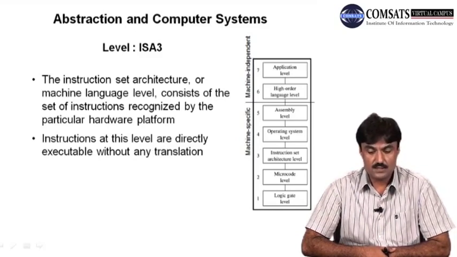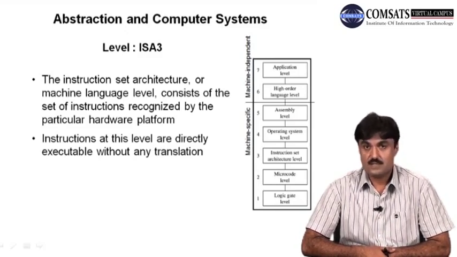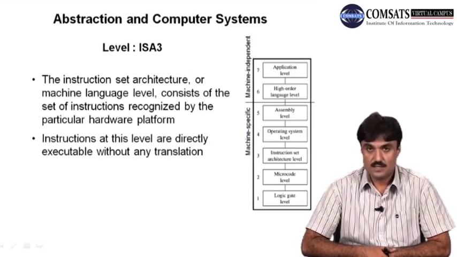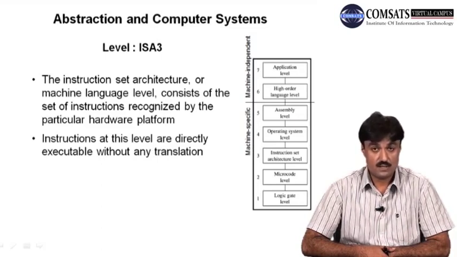The instruction set architecture or machine language level consists of the set of instructions recognized by a particular hardware platform. For example, Intel architectures have a different instruction set architecture than IBM and Motorola architectures.